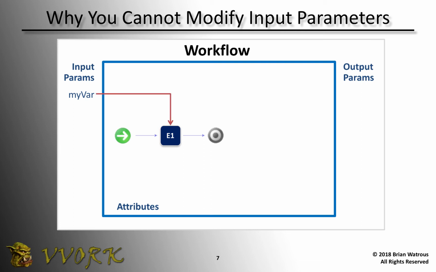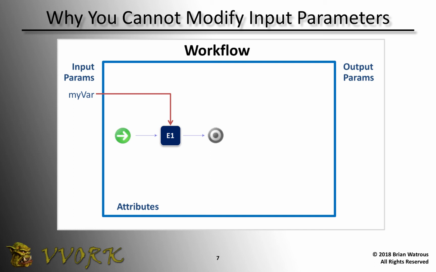And as we know from before, the name of the local variable inside of E1 could have the same name or could have a separate name. For our purposes, let's assume that the input parameter name is myvar, and the local variable inside of E1 to which it's inwardly bound is also called myvar.